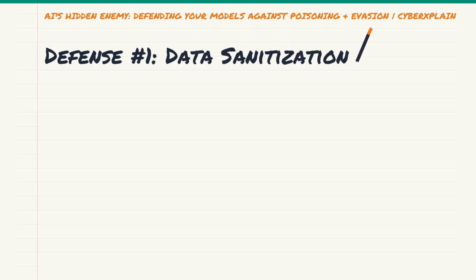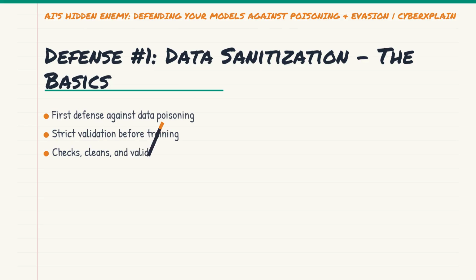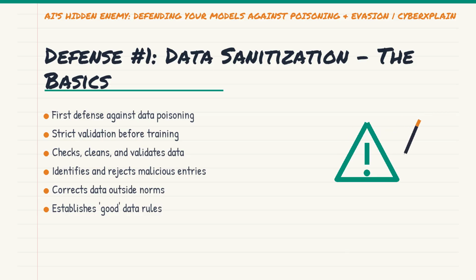Okay, so how do we fight back? Our first line of defense against data poisoning is robust data sanitization. Think of it like a strict bouncer at the VIP entrance to your model's training party. Before any data even thinks about getting into your training pipeline, it needs to be thoroughly checked, cleaned, and validated.